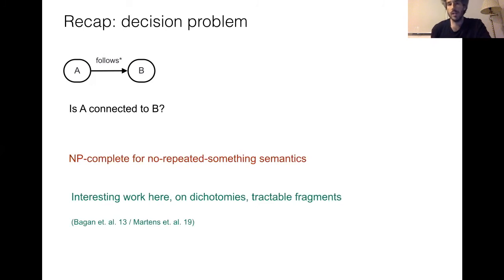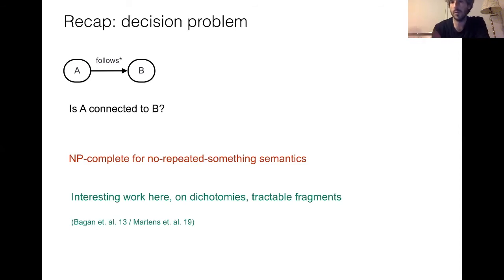So luckily for us, there is interesting work here. We have dichotomies and we have tractable fragments. Also, Bonifati and authors, they have this study where they look into query logs, and they really discover the expressions that people were using, and it seems interesting to match them with the tractable fragments from this work.